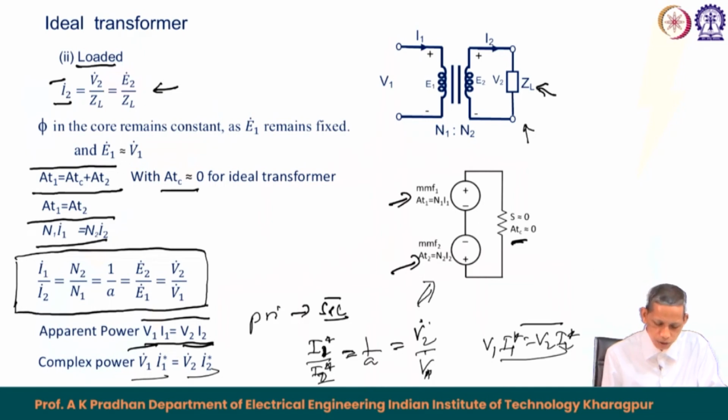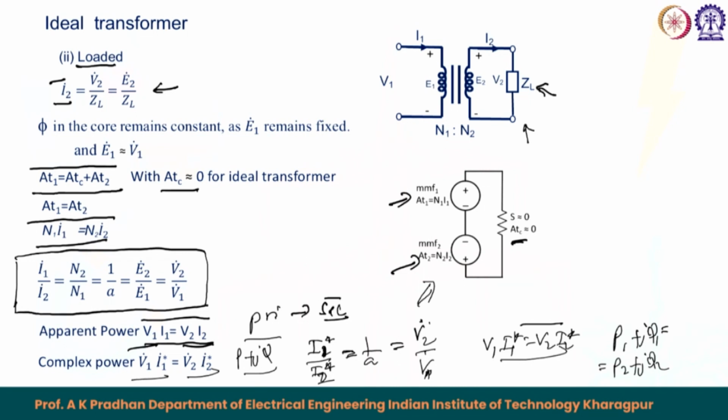Complex power is nothing but P plus jQ. Therefore, we conclude that P1 plus jQ1 equals P2 plus jQ2: complex power in the primary equals complex power in the secondary.